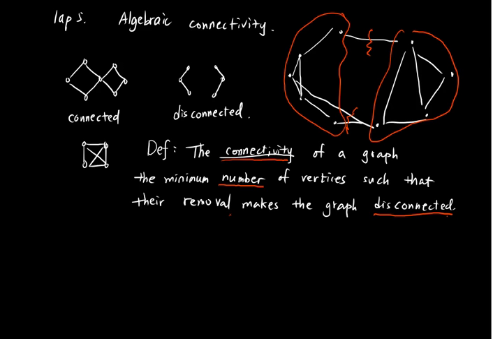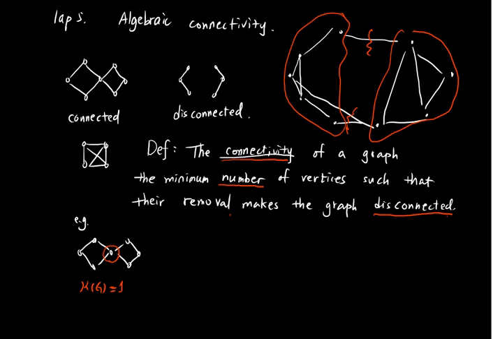Okay, let me give you some examples. It will be easier than reading this long sentence. This graph, if you take out this particular vertex, then it is disconnected. So in this case, we say the connectivity is equal to 1.